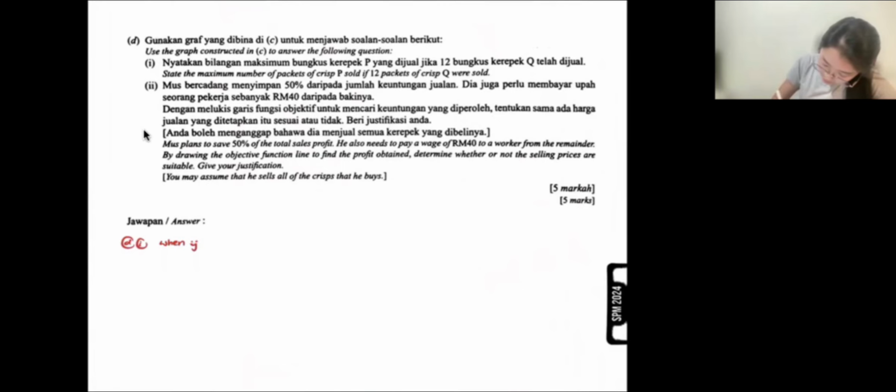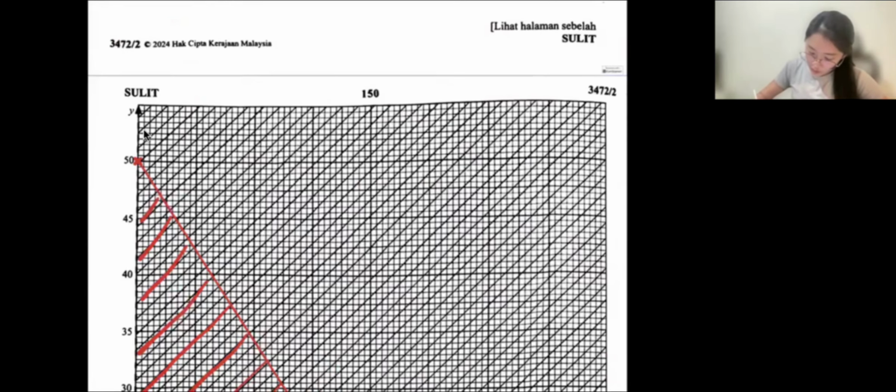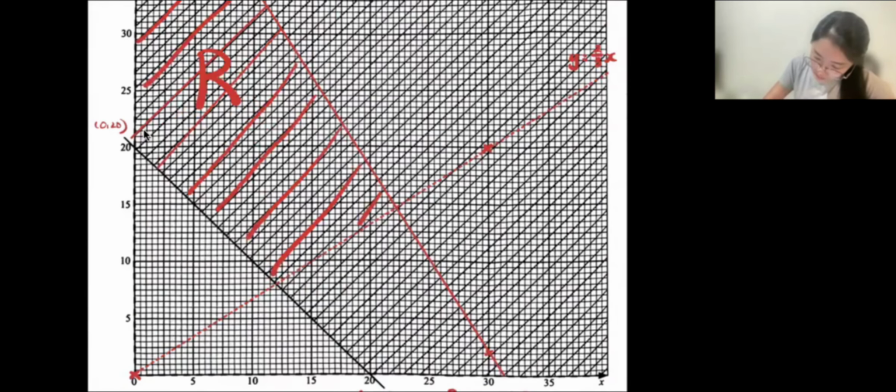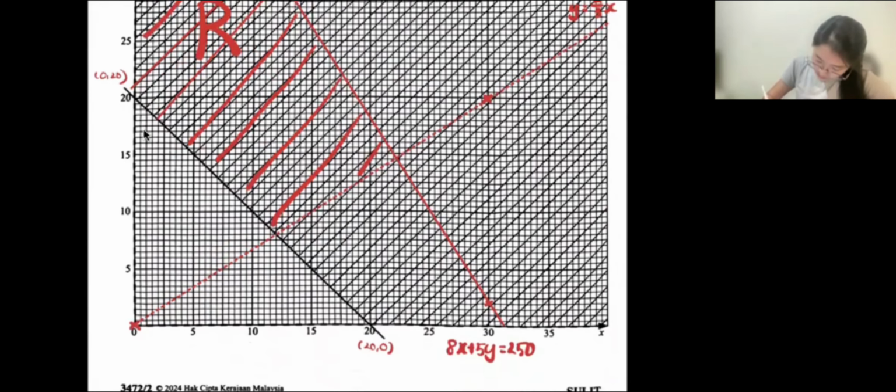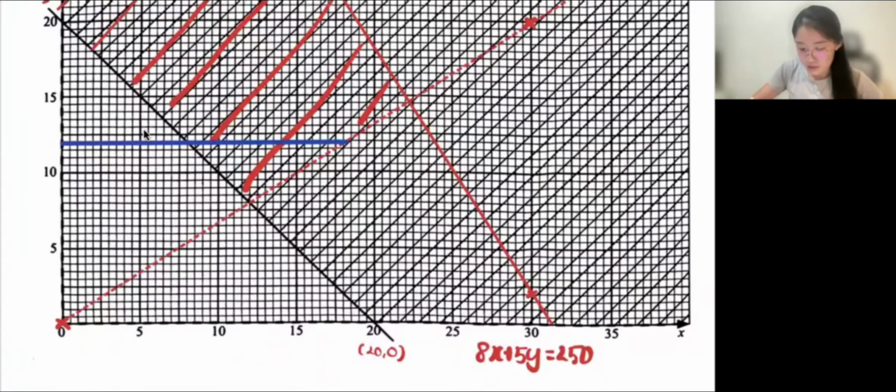So when y equals to 12, what is your x maximum? y equals to 12, horizontal. 12 is here. Maximum, you go across the shaded region. But then you see, guys, this is a dotted line. Dotted line meaning you cannot be on the line. So you see, on the line over here, what they give you.